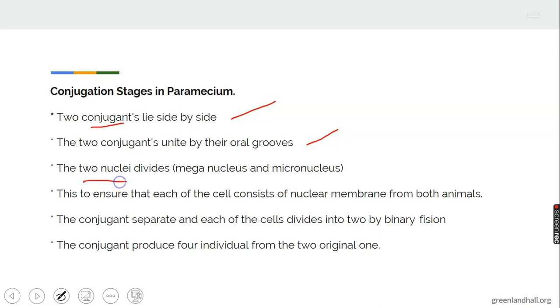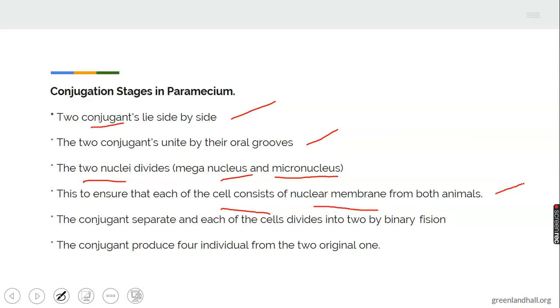The two nuclei divide. Paramecium is said to have two nuclei. One called the micro, that is the small one, and the other one mega, the bigger one. They divide into two equal parts, and this is to ensure that each cell consists of the nuclear membrane from both animals.